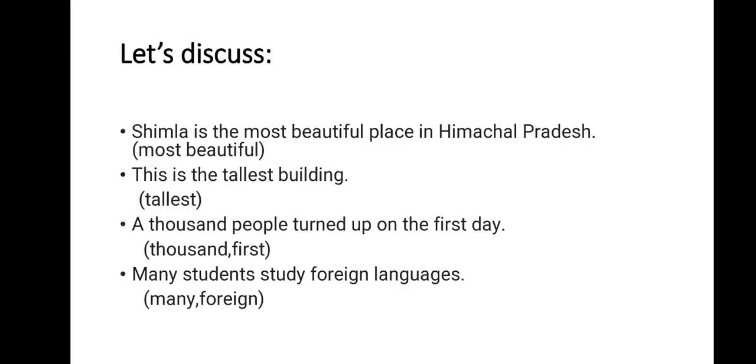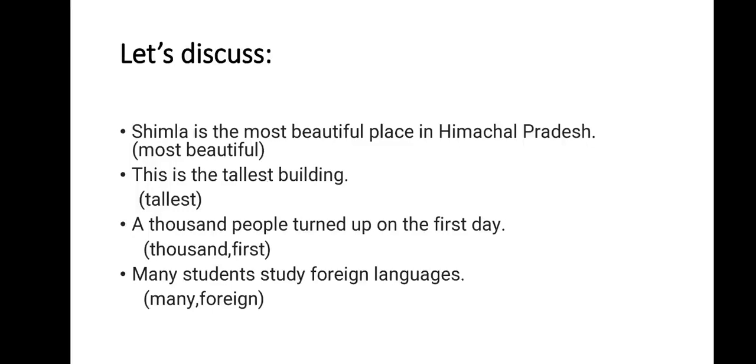Good. The next sentence says 1,000 people turned up on the first day. Here you need to be very careful, children. Read the sentence again. We have two nouns here and two adjectives. Can you see that? 1,000 people turned up on the first day.